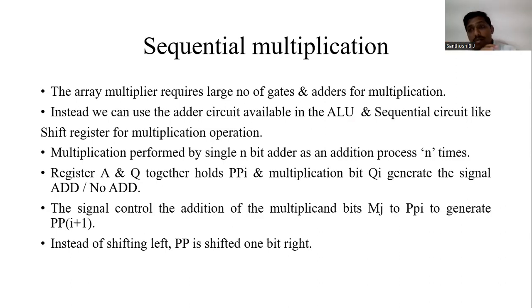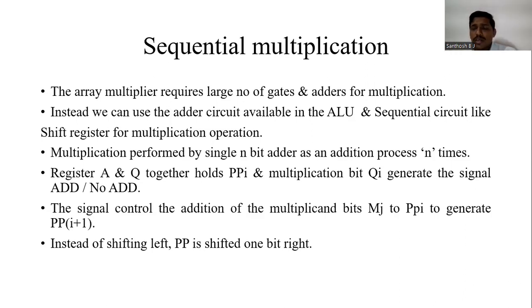Next, for m number of bits you get the partial products in a number of steps, and each step generates the next partial product, i plus 1. When the control sequencer sends the add signal, the multiplicand is added to the register. Then the cycles continue: first cycle, second, and so on, n cycles.